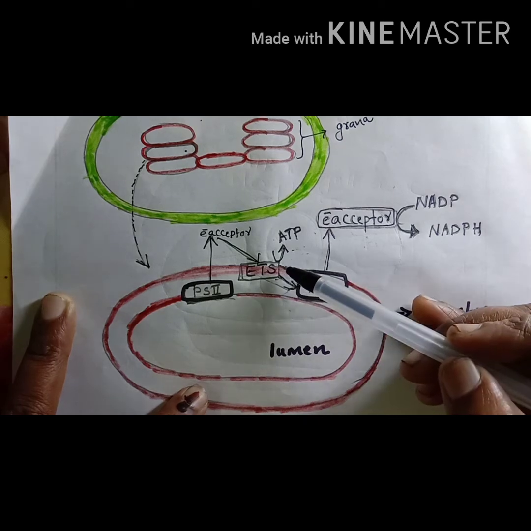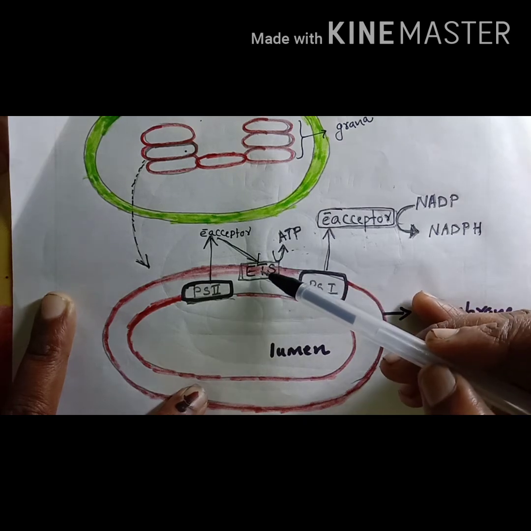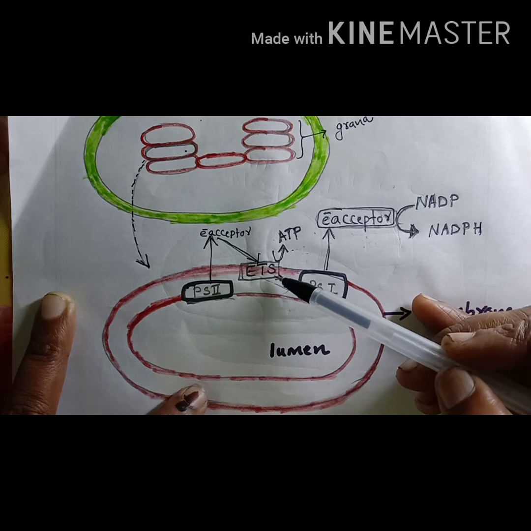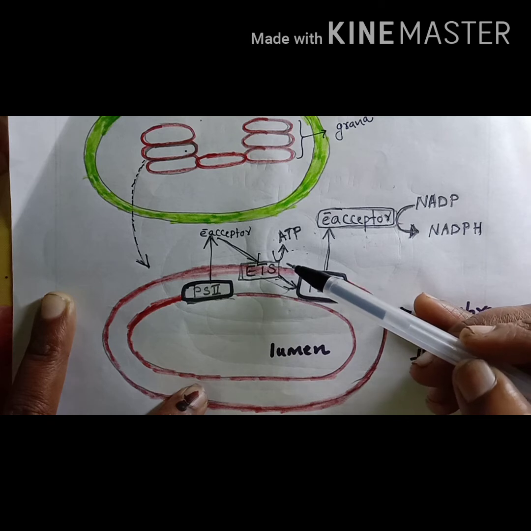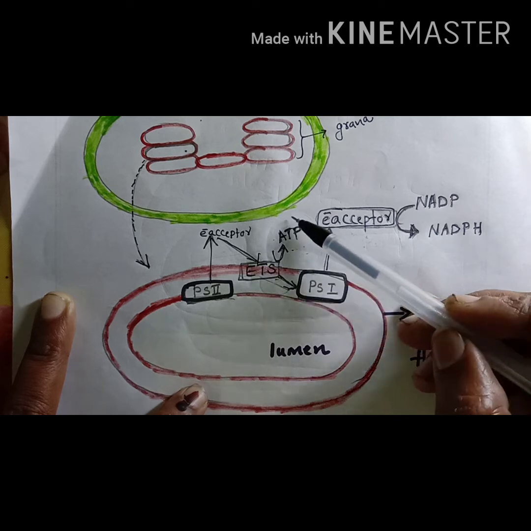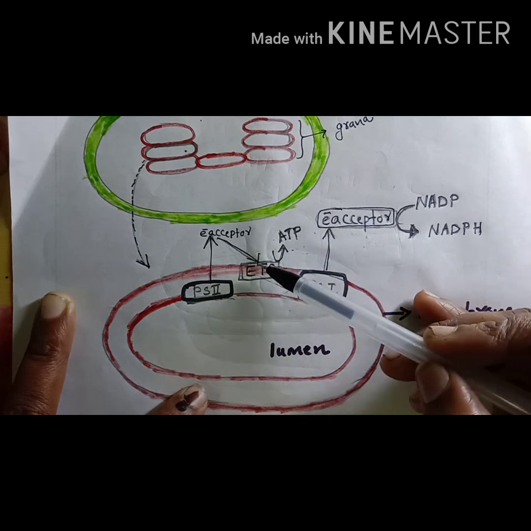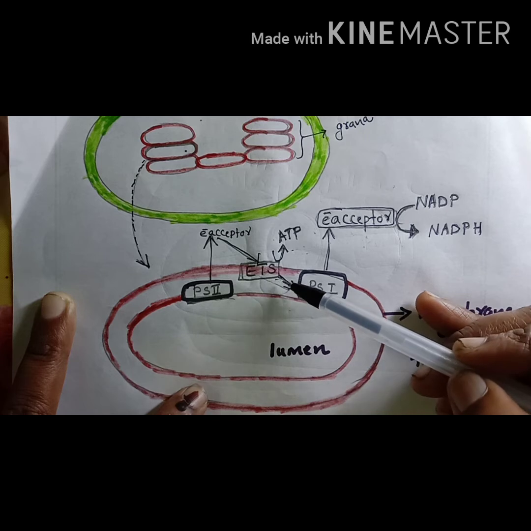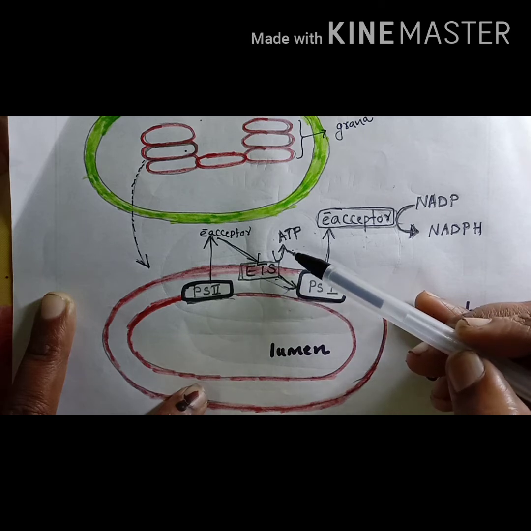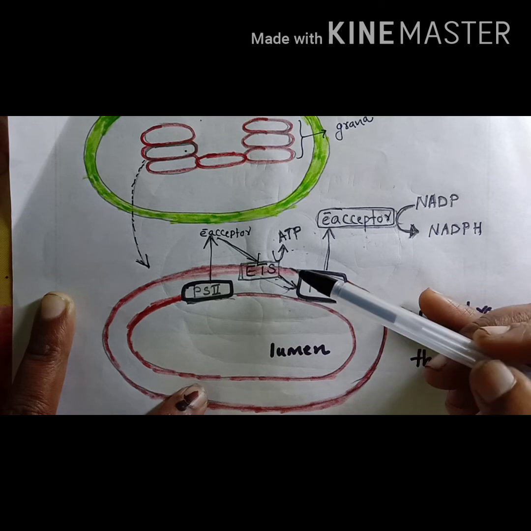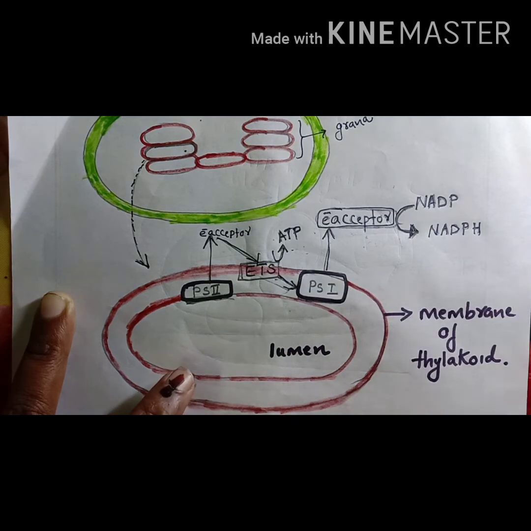We have already studied that when the electron is passing through the electron transport system, one molecule of ATP is synthesized. In this class, we are going to study how this ATP is formed. How it is produced, we are going to study. This can be explained through a hypothesis called the chemiosmotic hypothesis.